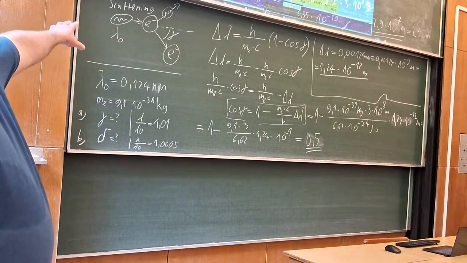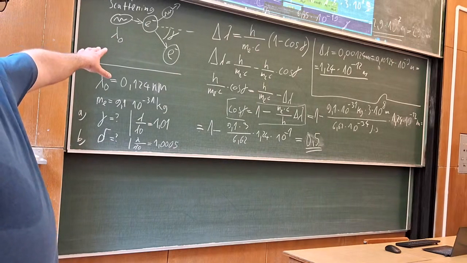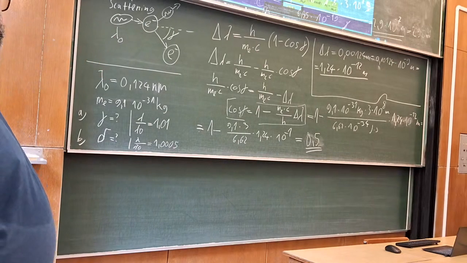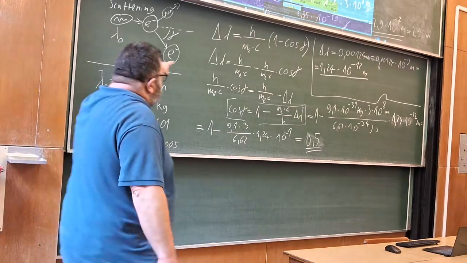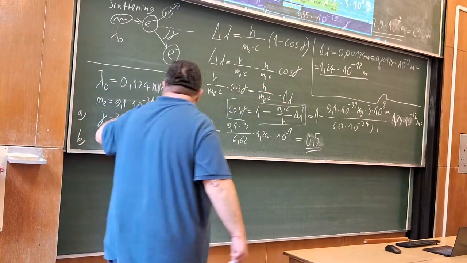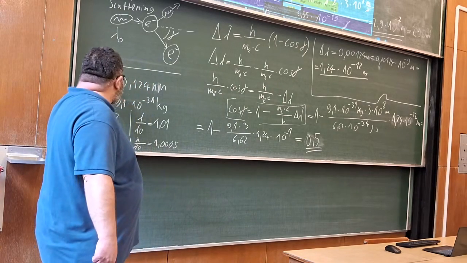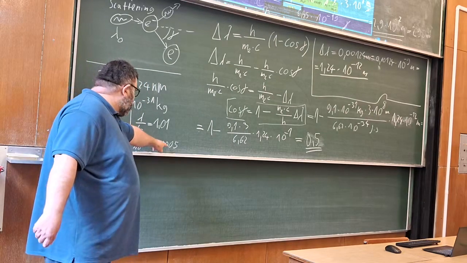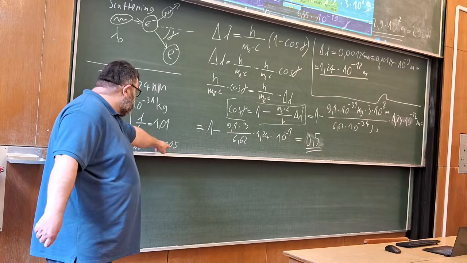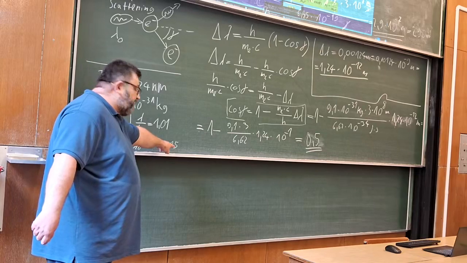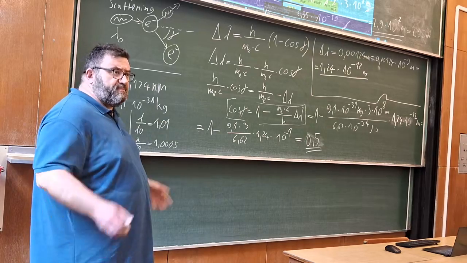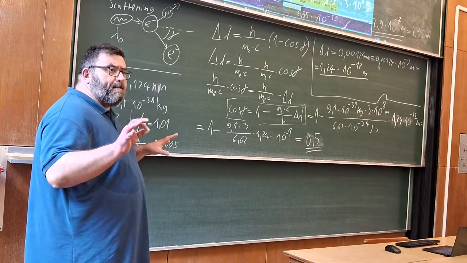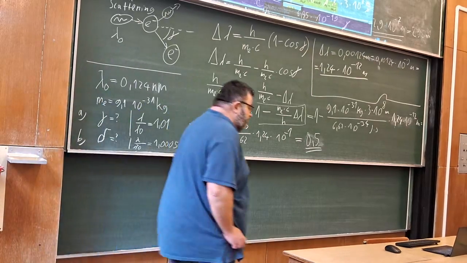You do the same homework, just this number will be multiplied by 0.05, and the angle will be different. Is it okay?